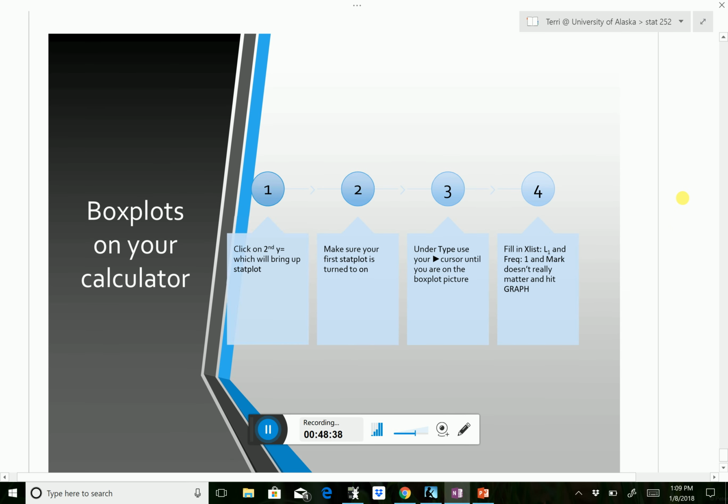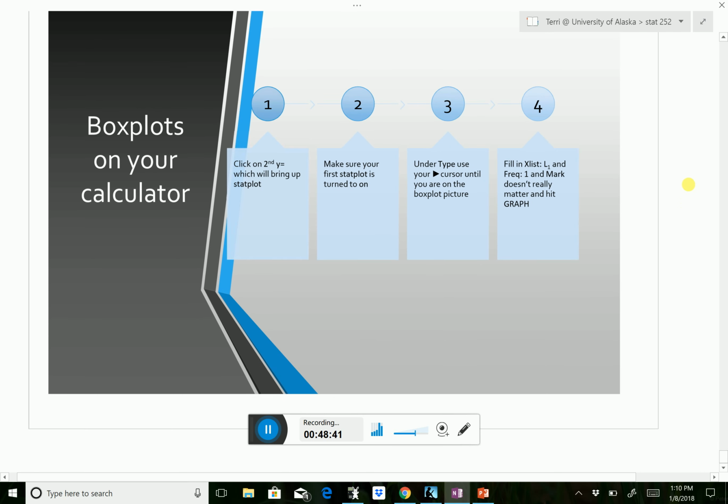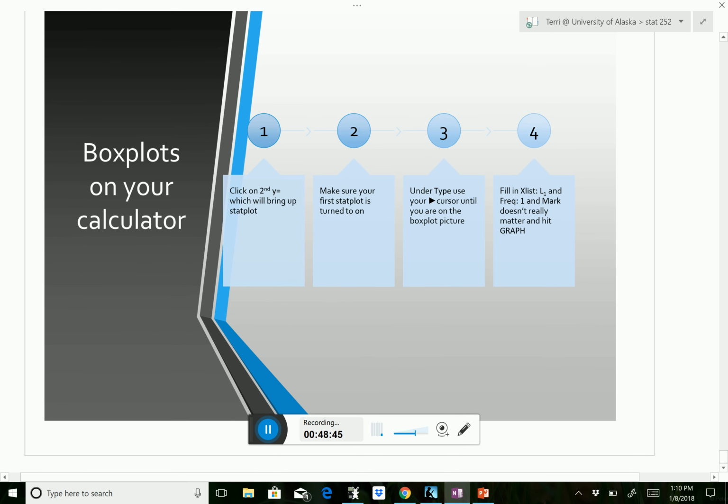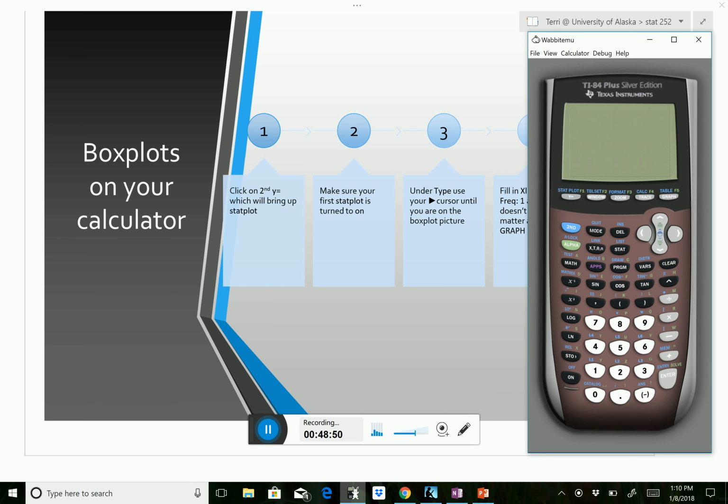So to make box plots on your calculator, let's talk about this. We can go ahead and do this with the data that we have in there. We're going to take a look at your calculator again. Let's look at list 1 and list 2.